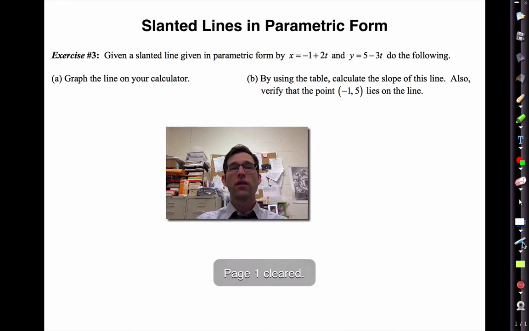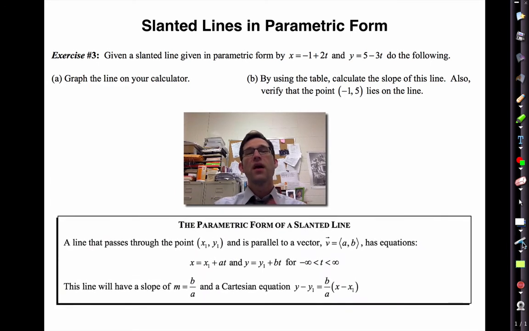And let's summarize all of this, right? The parametric form of a slanted line. So if we know a point that the line passes through, and we know a vector that the line is parallel to, we can say that the line has the equation x equals x1 plus at, y equals y1 plus bt, where t goes from -infinity to +infinity, and then we can easily write the Cartesian, very important term, the Cartesian equation, which just has y's and x's in it, in that point-slope form.